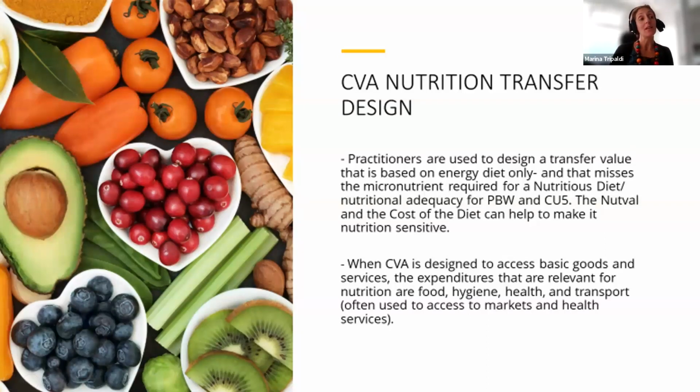And similarly, the children under 2 or children under 5, according to what's the target group for wasting. So the nutrient cost of the diet can help to make this transfer value more nutrition sensitive.